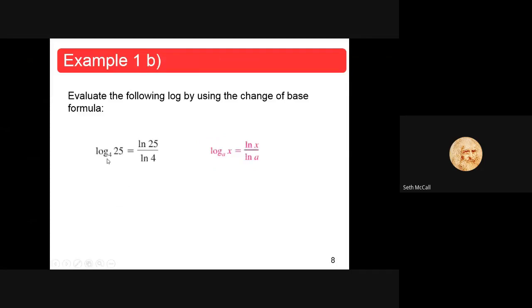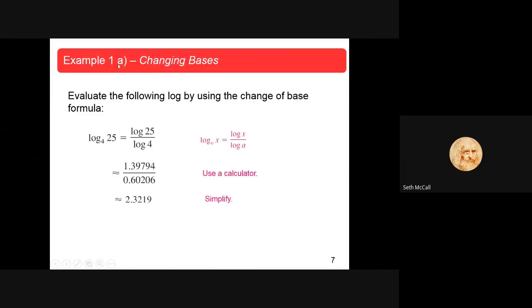Here's another example. This is log base 4 of 25. Log base 4 of 25 can also be evaluated using the natural log. So in the first example, 1a, we used log base 10. There's no base written, so it's base 10, to find that it was 2.3219.